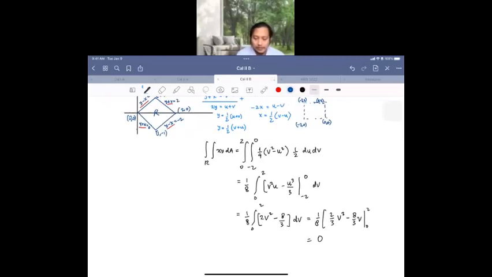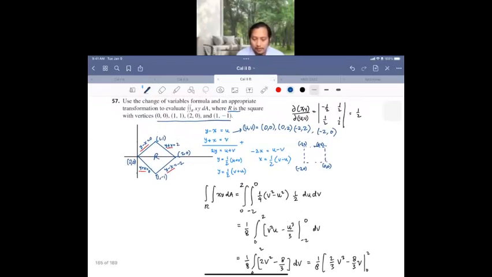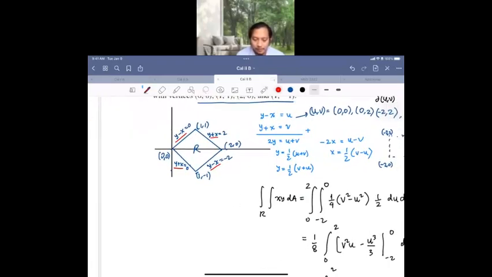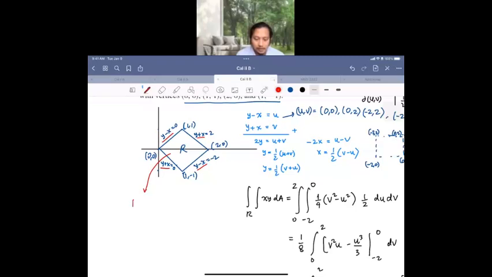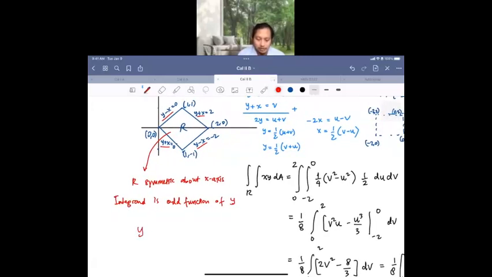We could have anticipated this 0 situation from this region R. R is symmetric about the x-axis, and the integrand is an odd function of y, which means we have y equal x and y equal negative x.